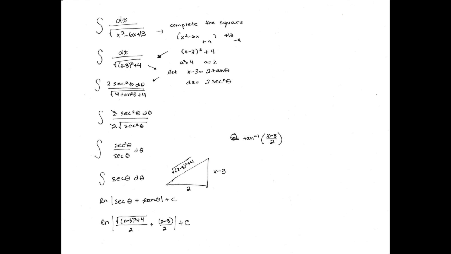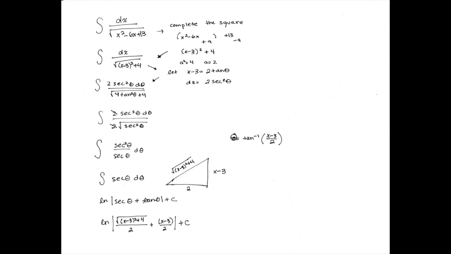Now when we plug that all back into our equation, we have the integral of 2 secant squared theta d theta over the square root of 4 tangent squared theta plus 4. Since we have tangent squared theta plus a number, we can use our equation 1 plus tangent squared equals secant squared.